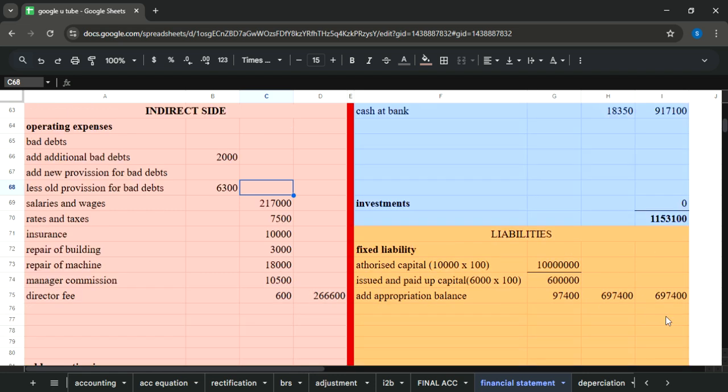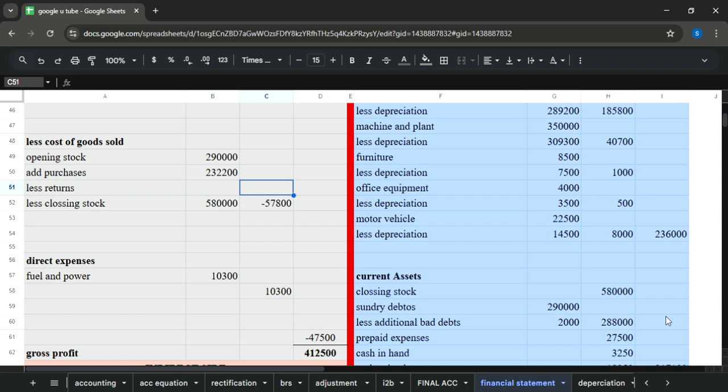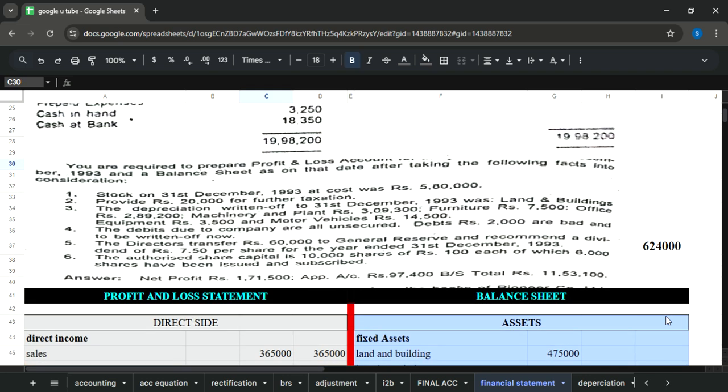So we have learned multiple options and all are correct. Once again I'm repeating, I am insisting on this sentence, and a very strong decision is required from you. All three options are absolutely correct. So you may write a minus sign in expense, you may write extra provision in income side, or you may write extra provision in liability side.